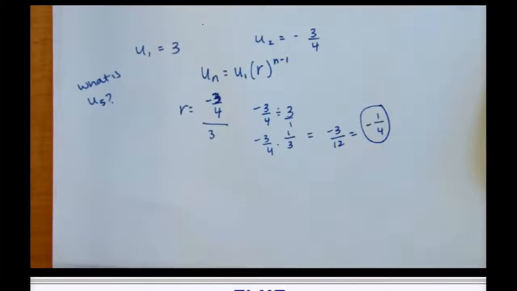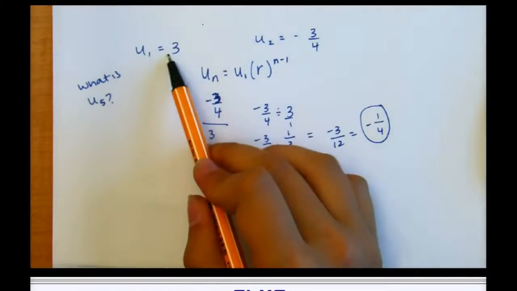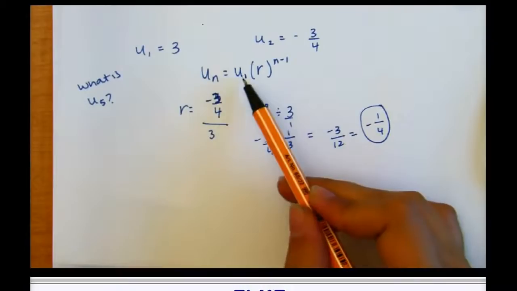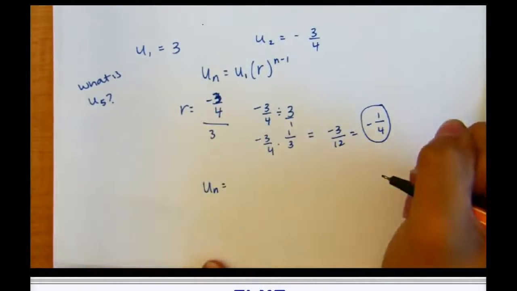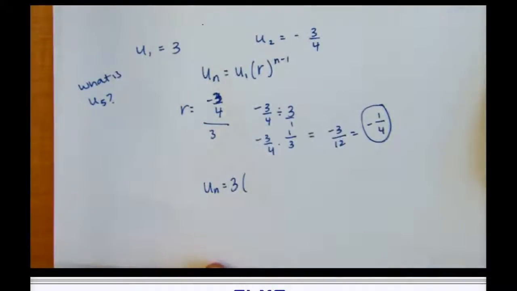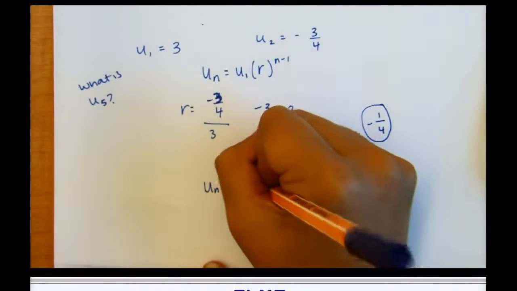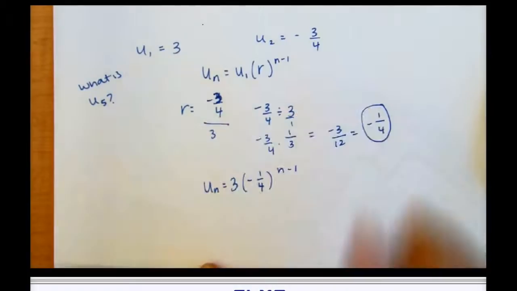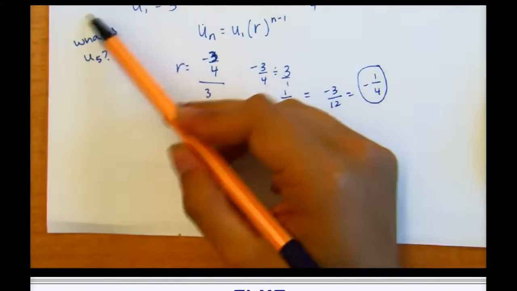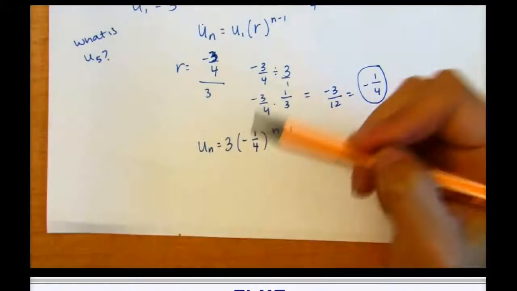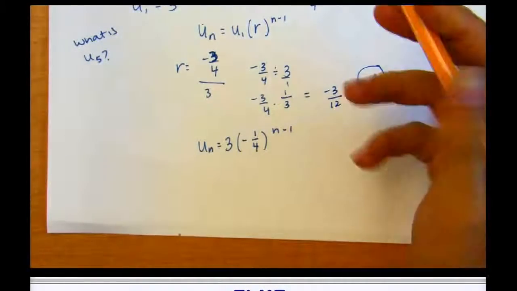Okay, now that I know that common ratio, I also know u sub 1. So I'm going to plug those both into my formula. I'll end up with u sub n is equal to 3 times negative 1/4 to the n minus 1. My question originally was what is u sub 5? So I'm going to take a moment and sub in 5 for n.